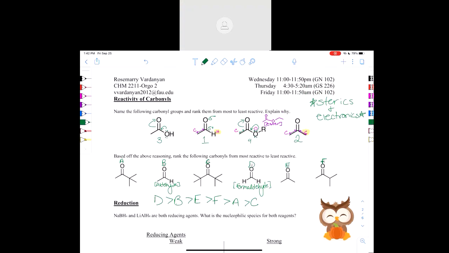I have a question. Yes, please do. Okay, so for these, we literally just looked at steric hindrance and were able to determine the order. Is there an example where you have to look at both? The first one is a good example. It doesn't get much more complicated than that.